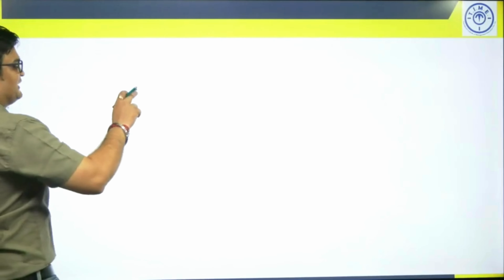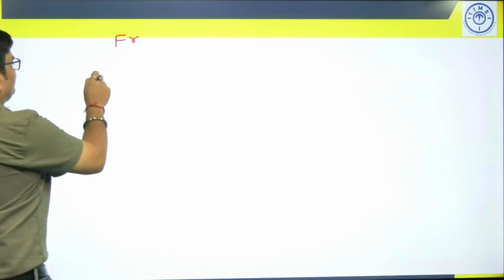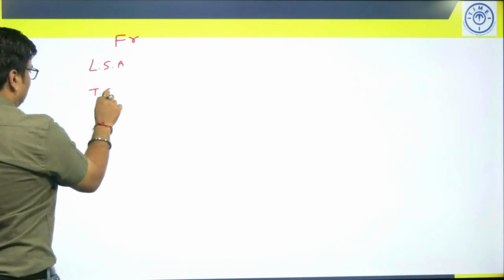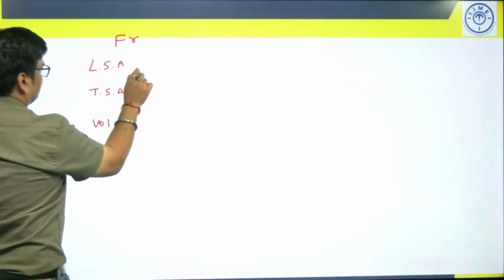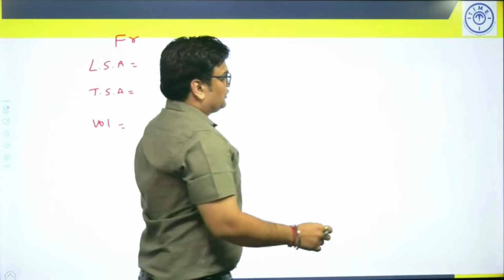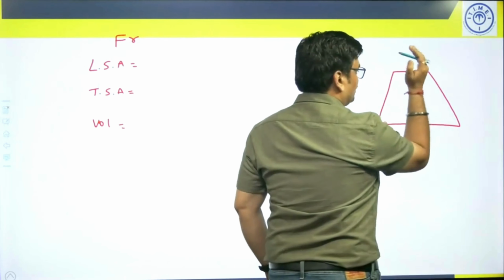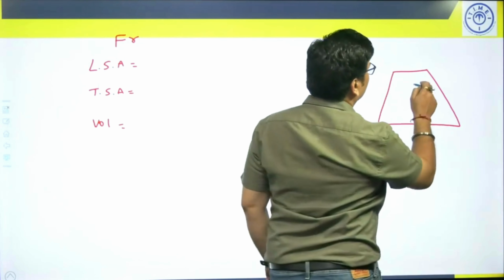Now one last thing that I would like to quickly take up is frustum. So frustum, we have lateral surface area, we have total surface area, general formula, and we have volume. How do we find this? So I will just draw a frustum here first. It will have a top and a bottom base, but different, they will not be same, identical.